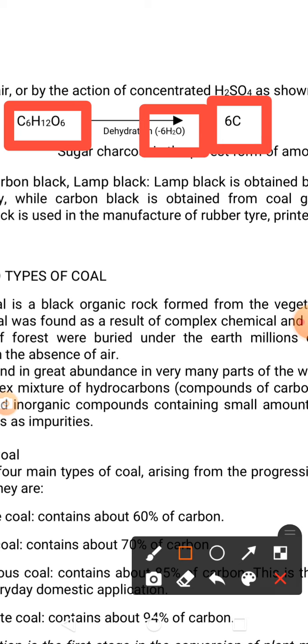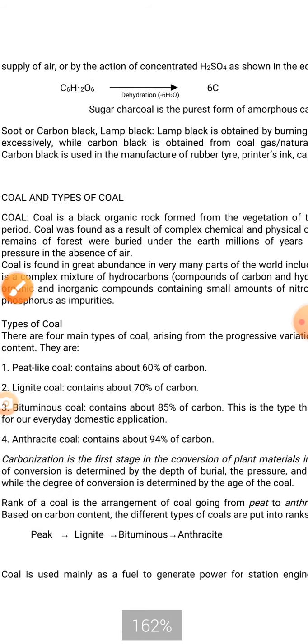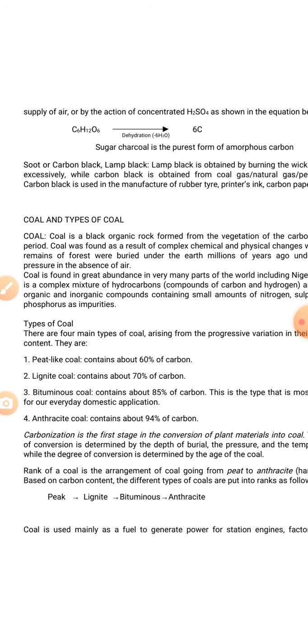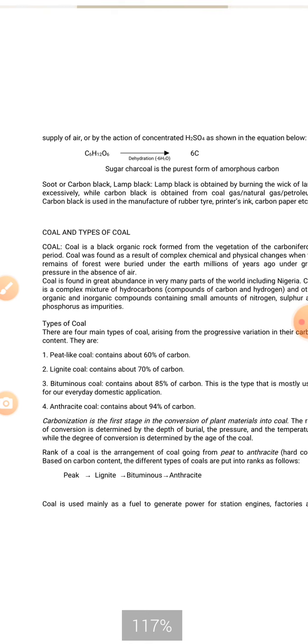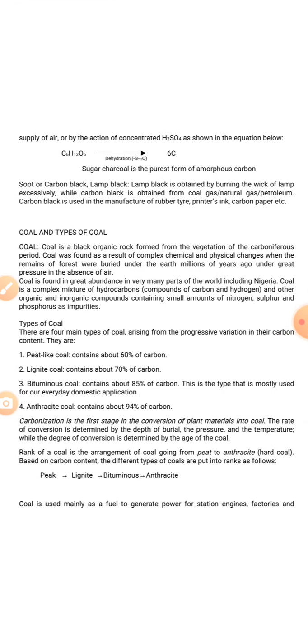So let's move on. Then another one is soot or carbon black. You can read the note for details and to understand better. So now let's go to coal and types of coal. Coal is made from rock formed from the vegetation of the Carboniferous period.